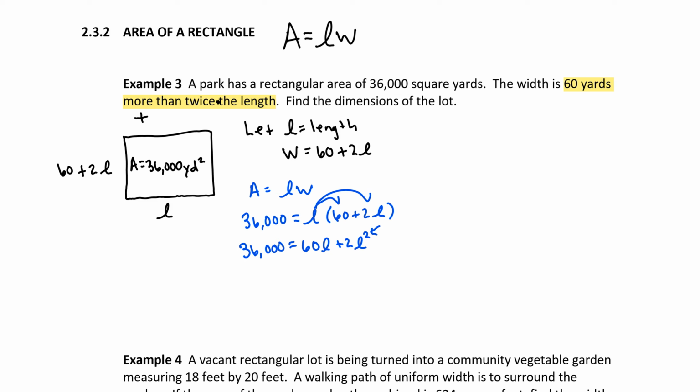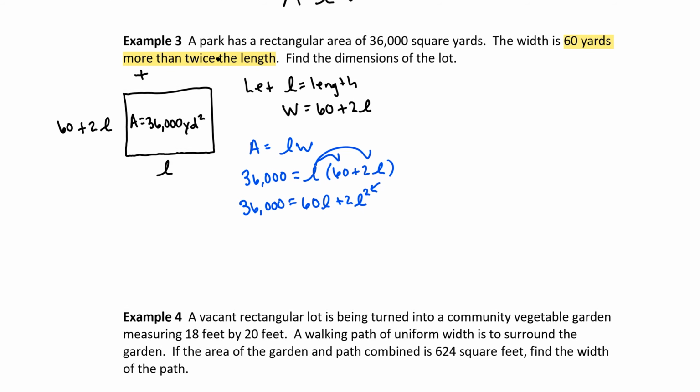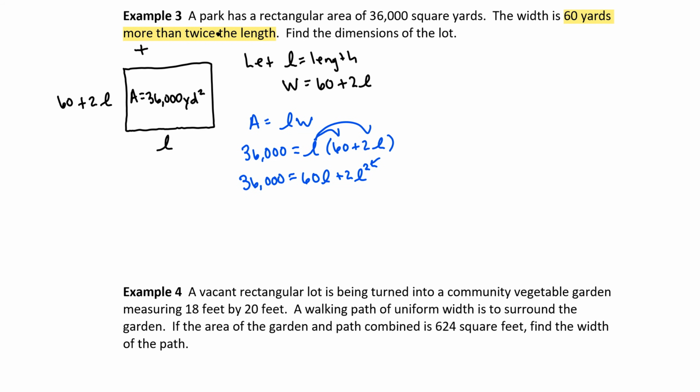Now we've got 4 different methods to choose from for solving this equation, and you can choose your favorite method that applies to this particular equation. Notice we cannot use the square root property to solve this equation because we have a linear, or a variable raised to the power of 1, term. So that quick, easy method is out on this one. If I decide to either factor or do the quadratic formula, we know it needs to be equal to 0.